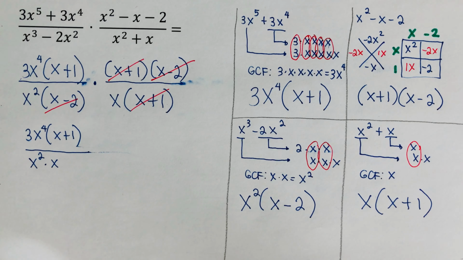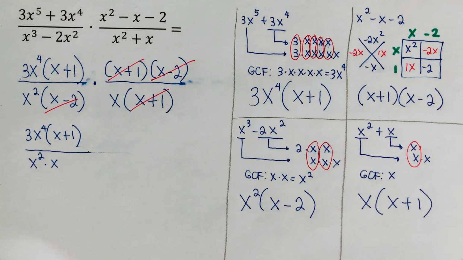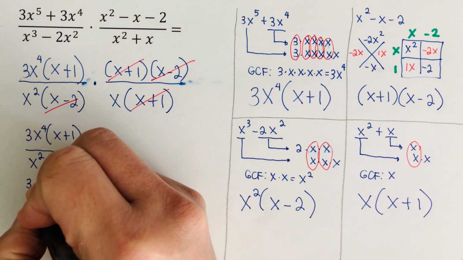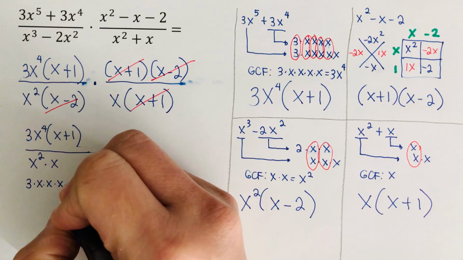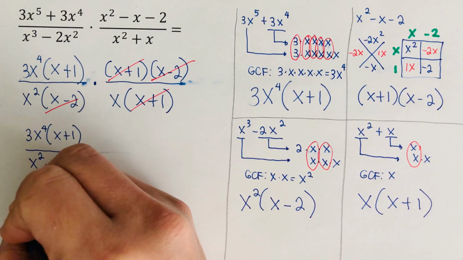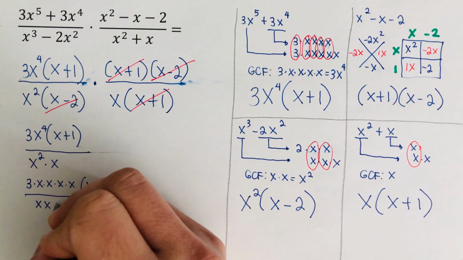So that we can go ahead and simplify this further, we can expand it, so we can cross out the like terms. So I can go ahead and say that this is 3 times x times x times x, and then there are 4 of them, and then I keep the x plus 1. And then this is 2 x's, and then there's another 1x.